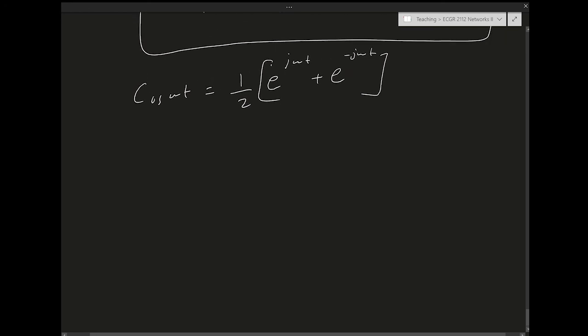Let me take cosine omega t u of t and differentiate it twice. What happens when I differentiate it twice?